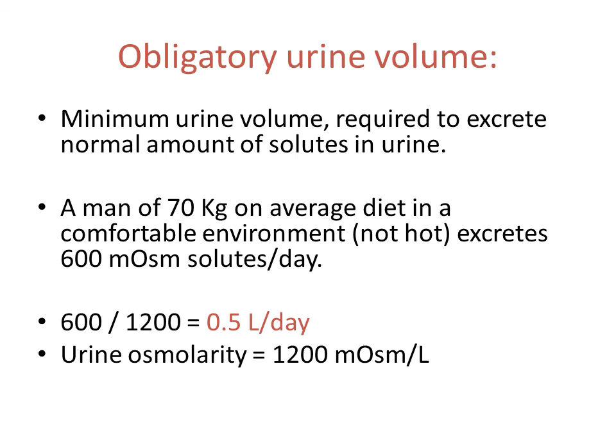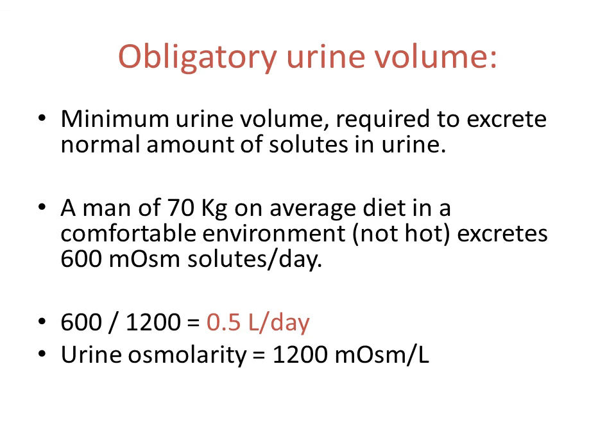Now, in addition to this 1200 which has been ingested, normally 600 milliosmoles must also be excreted from the body, especially urea. With the maximum concentrating ability of 1200 milliosmoles per liter, this is 0.5 liters of urine.